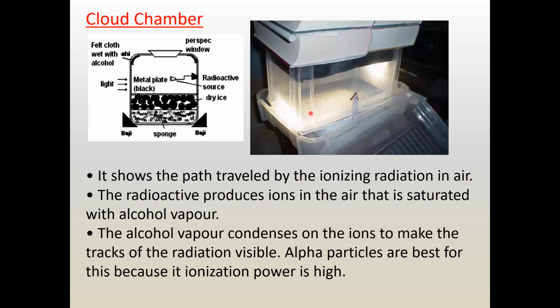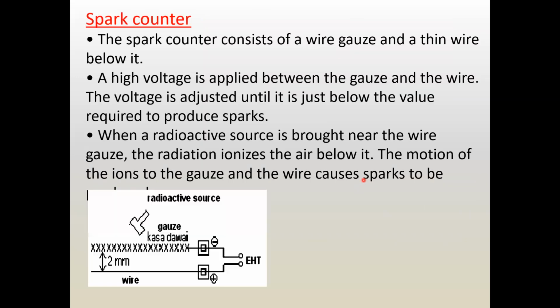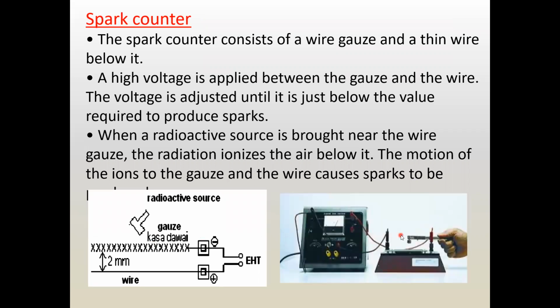This is how a cloud chamber looks like, and it can be used to track and identify the radiation. This is how we see the image in the cloud chamber. And we can also use a spark counter, which can also be used to identify the radiations.